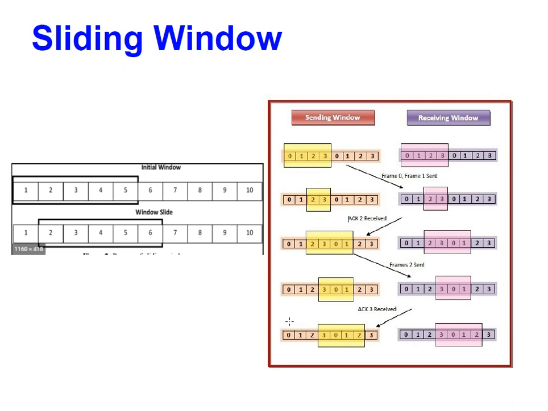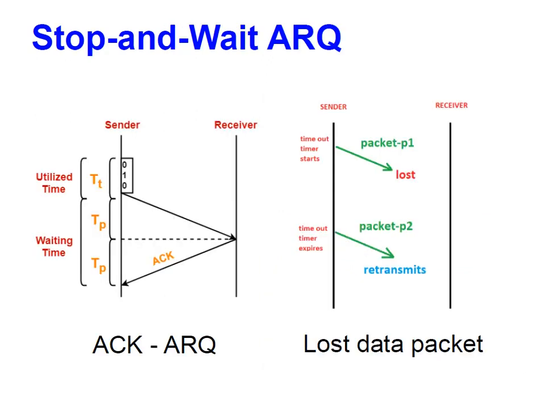Here we define the utilization as u equal to 1 if n is greater than 2a plus 1, and u equal to n by 2a plus 1 if n is less than 2a plus 1, where n is the window size, a is the delay, and u is the link utilization.